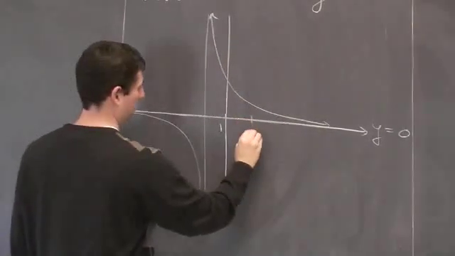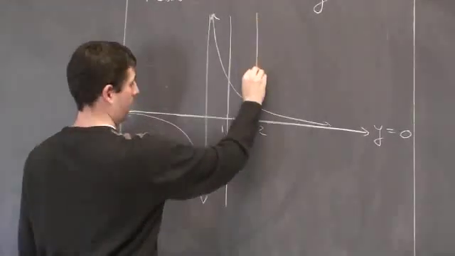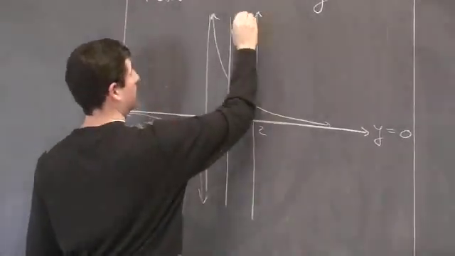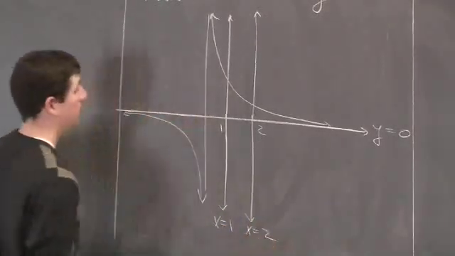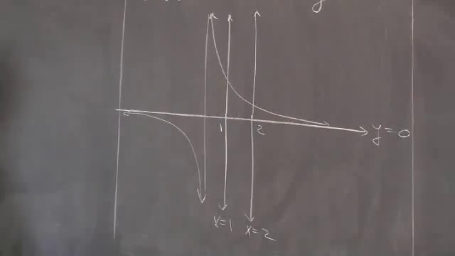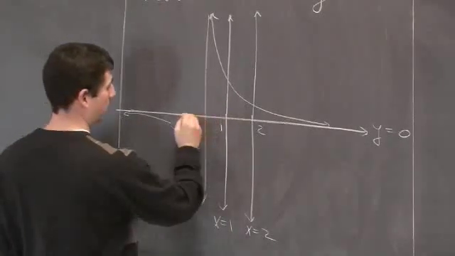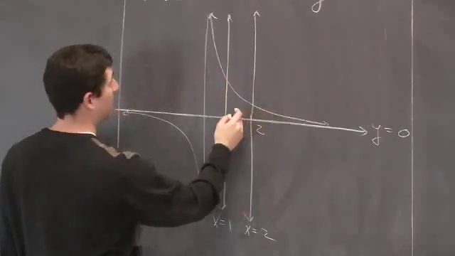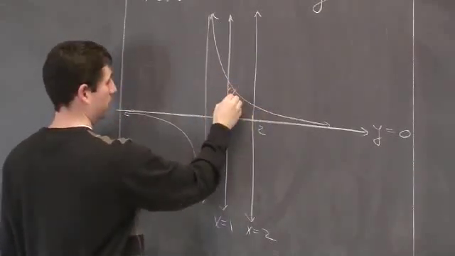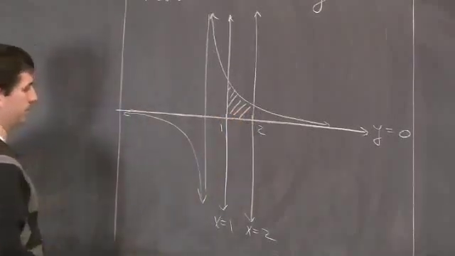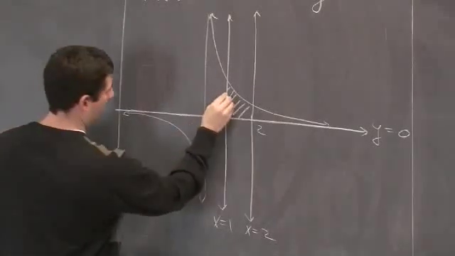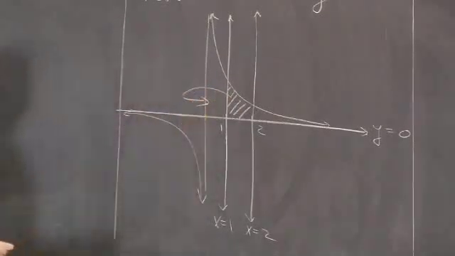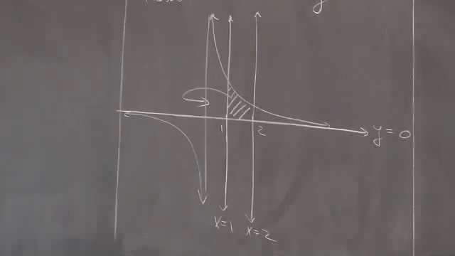And x equals 2, we can put it there. All right, so our region is the stuff bounded above by y equals 1 over x, below by y equals 0, in between x equals 1 and x equals 2. And we're going to go around the y-axis.